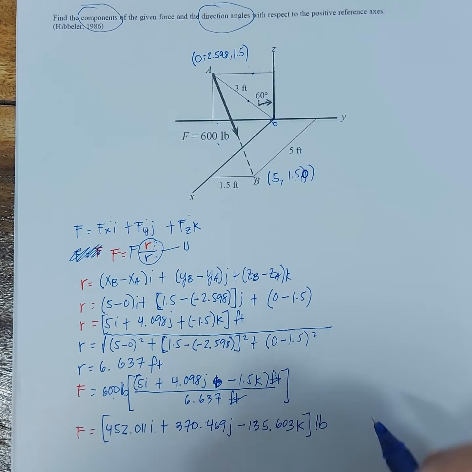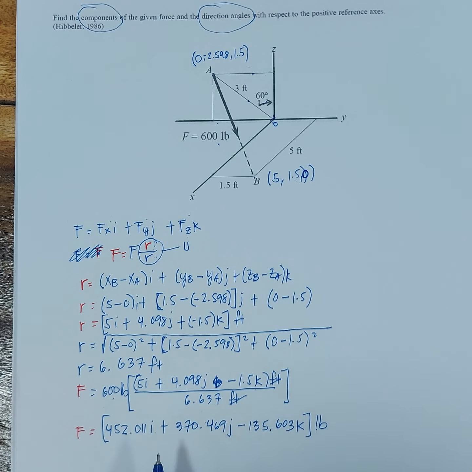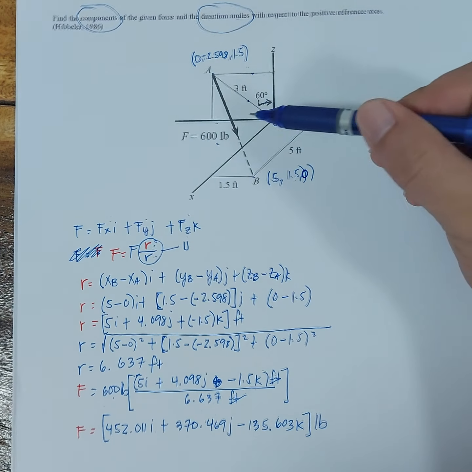Since the units canceled earlier, we're left with pounds as the unit for each of the quantities here. So this would be the Cartesian vector form of force F.